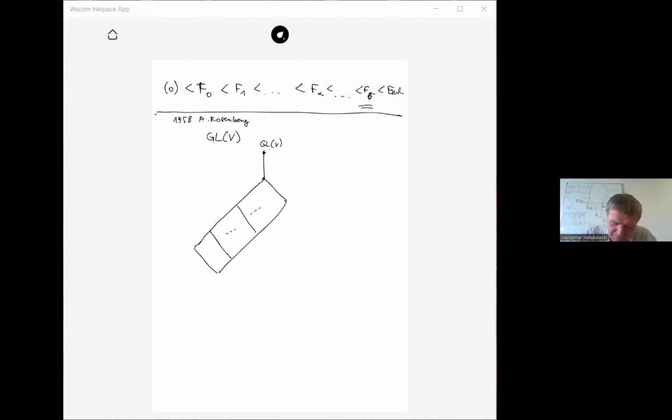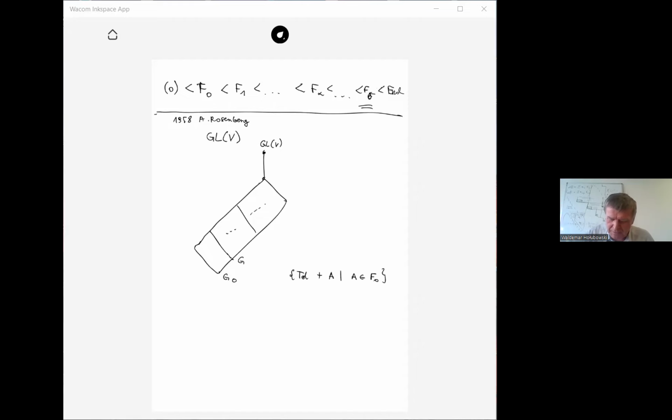And here we have something between this ladder. And what is the answer? We say here is a subgroup G0, and G0 is a subgroup which is formed from all linear transformations of the form identity plus some matrix A, where A belongs to F0.